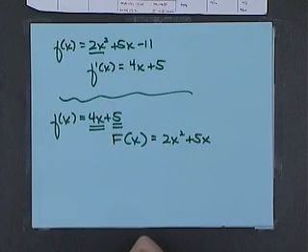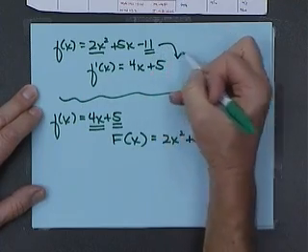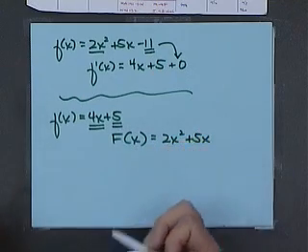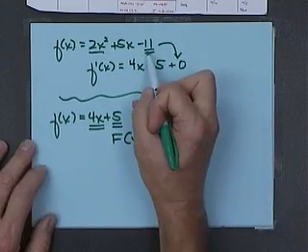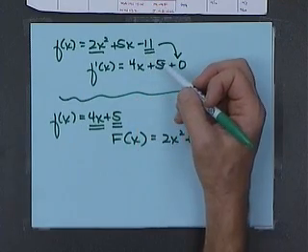Okay, here's the problem, right? When we took the derivative of this constant, what showed up here? 0. So what's the antiderivative of something that basically is 0? What has 0 for its derivative? Any constant. We don't necessarily know that it's minus 11 or plus 17 or plus 2/3.